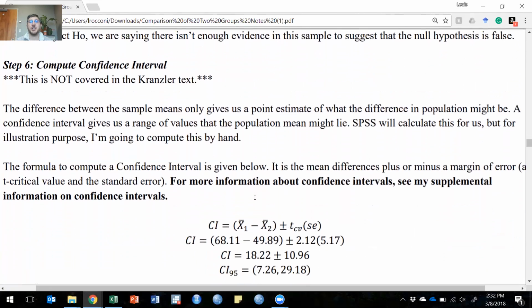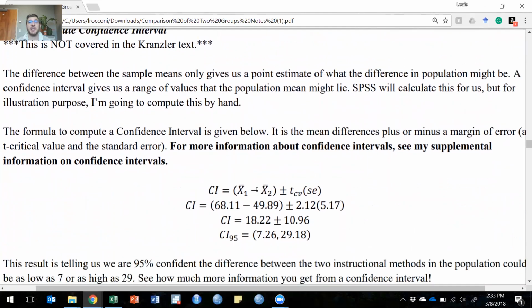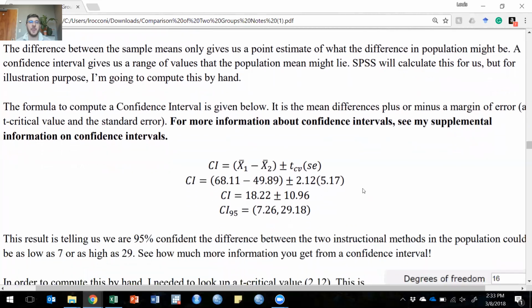The next thing we do is calculate a confidence interval. This is similar to what we did in the last module about confidence intervals. It's just the difference between the means plus or minus the t critical value times the standard error.